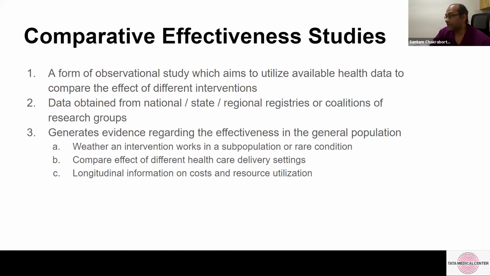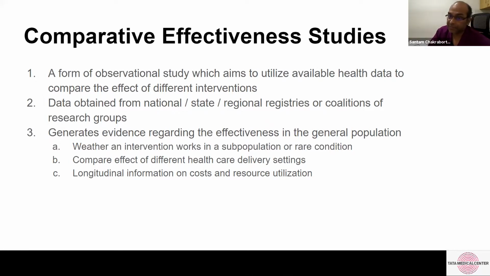Effectiveness, on the other hand, assesses whether the intervention does more good than harm when provided under usual circumstances of healthcare practice. Therefore, it's often known as real world data analysis. So, comparative effectiveness studies are types of observational studies which utilize the available healthcare data to compare the effectiveness of different interventions in a population.